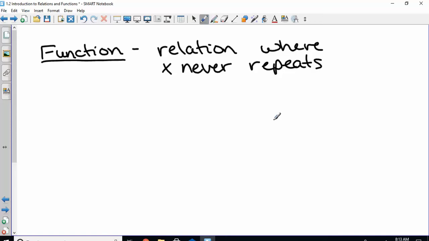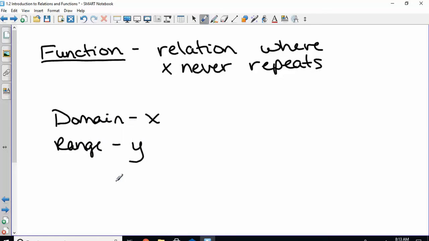So we're going to look at some relations and try to decide if they're functions. If I talk about domain and range, domain is which variable? And range is y. Alright, so we're going to be identifying domains and ranges as well.